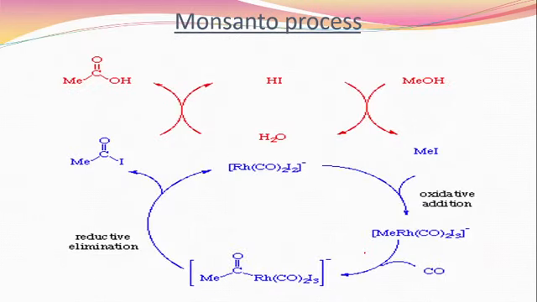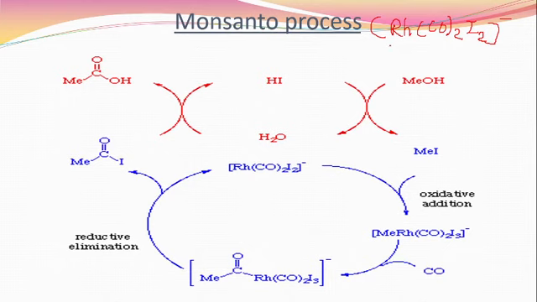Okay, the first process we are going to learn is called the Monsanto process. For this Monsanto process we use the catalyst Rh(CO)2I2 minus.